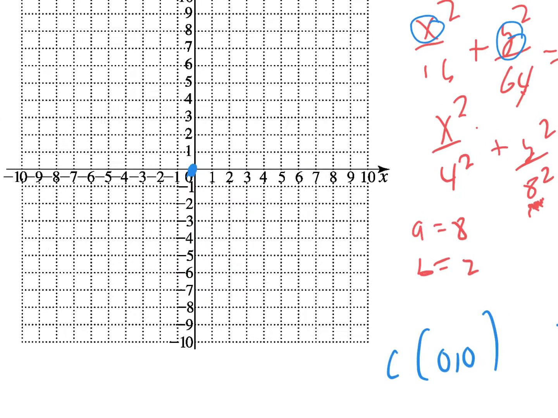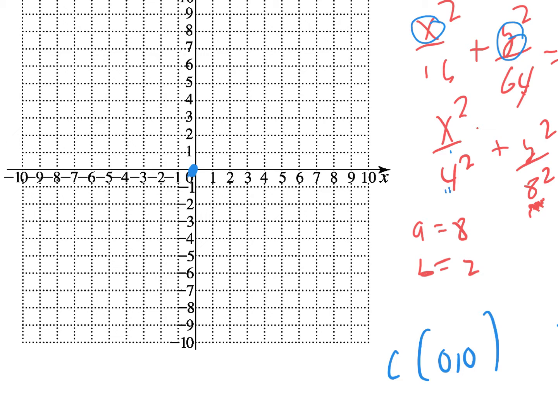I need to go on the x-axis 4 to the right, 4 to the left, and then I need to go on the y-axis 8 up and 8 down.